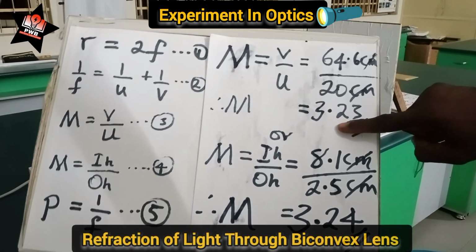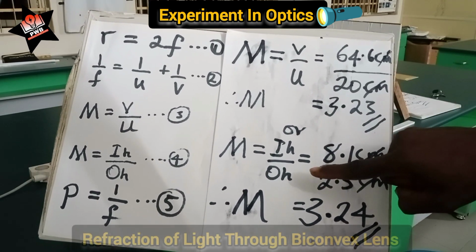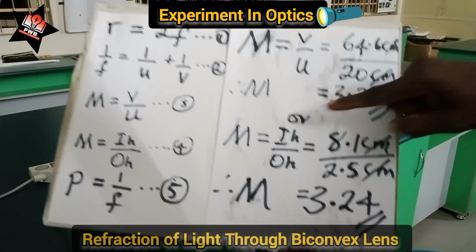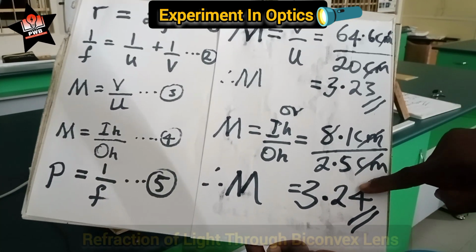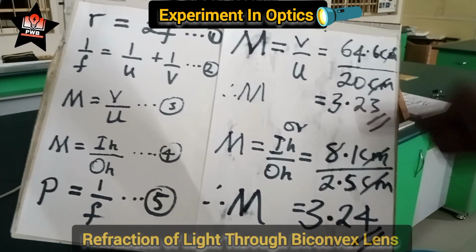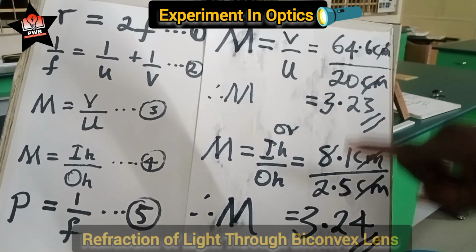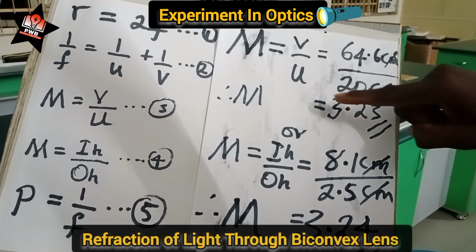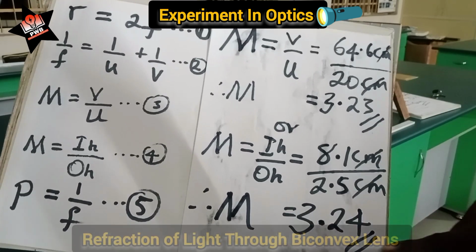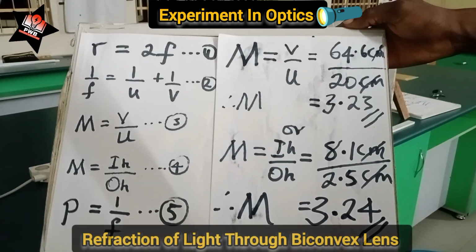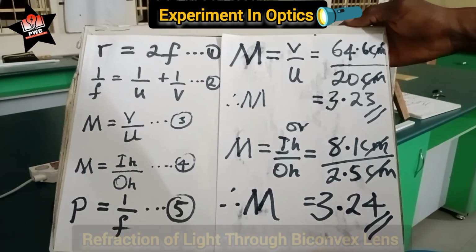Look at this result. We use the other equation, image height over object height. We got 3.2. So to the nearest whole number, we have 3. And to 1 dp, we have 3.2 and 3.2 each. So this proves that our experiment is very, very perfect.